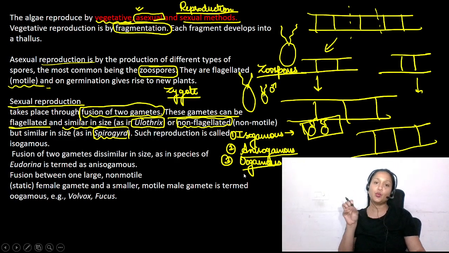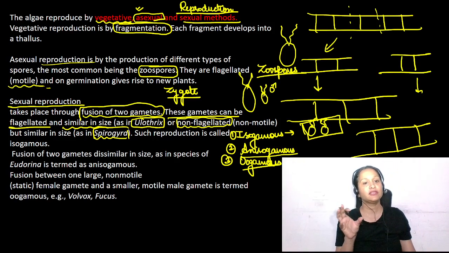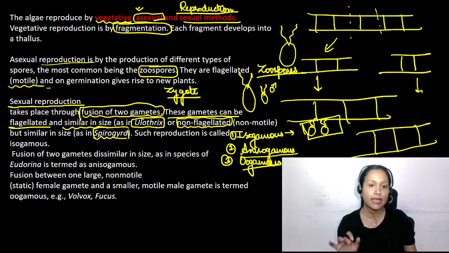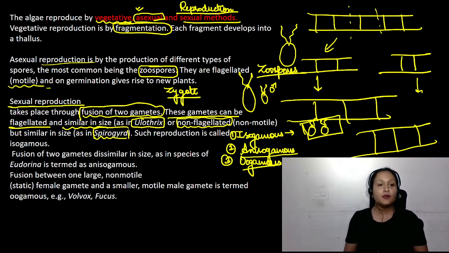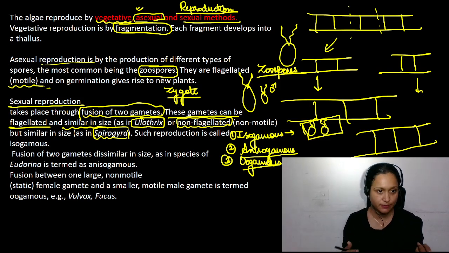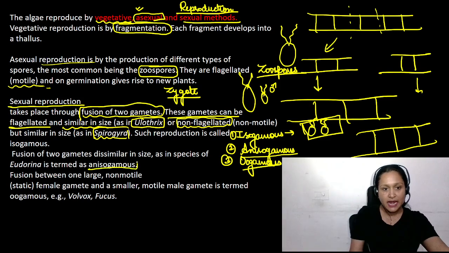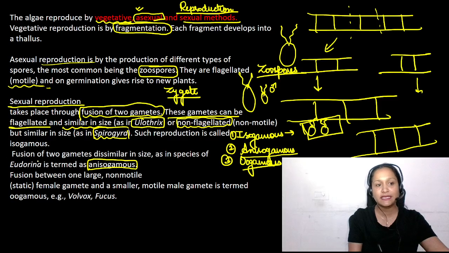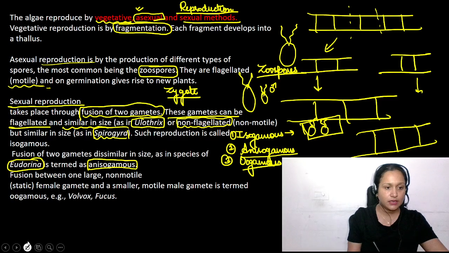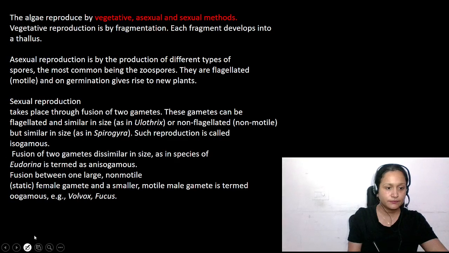So one larger and one smaller gamete fuse, and they are dissimilar in size. This type of sexual reproduction is anisogamous. An example here is Eudorina. Okay.